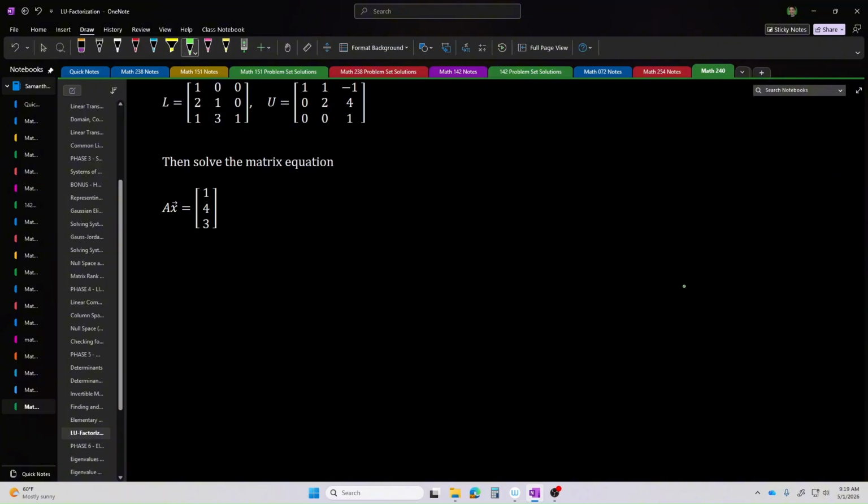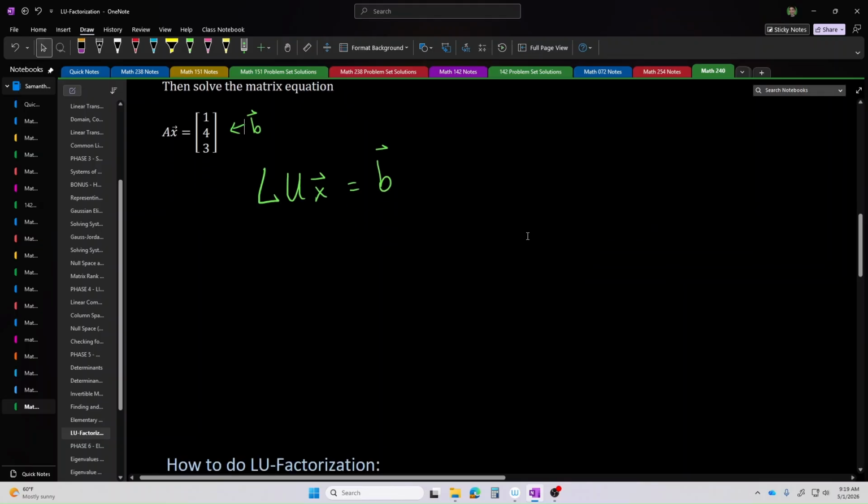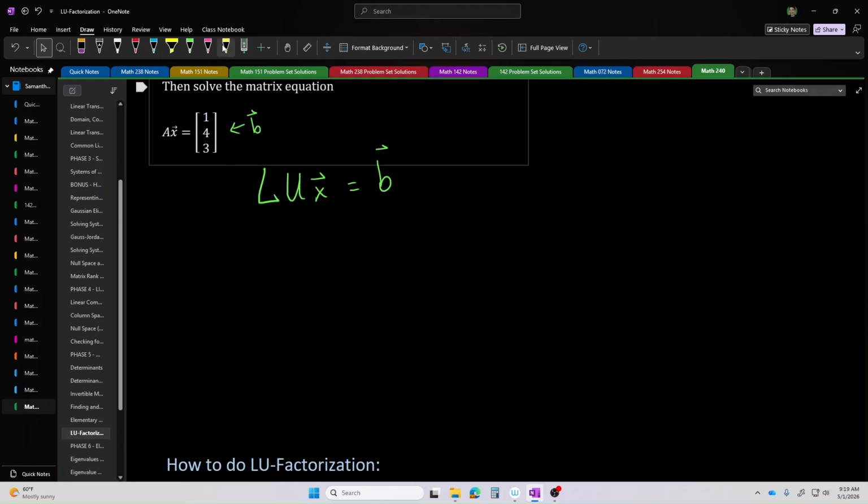So given that A is equal to L times U, the first thing that I'm going to do in this matrix equation is replace the A with L times U. So this is the matrix equation I'm trying to solve. If I call B this vector 1, 4, 3 that I'm trying to output, I'm going to solve this equation in two steps.